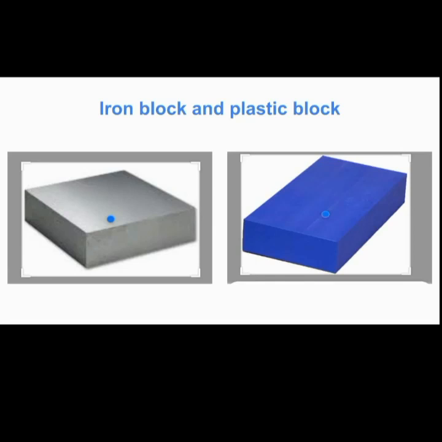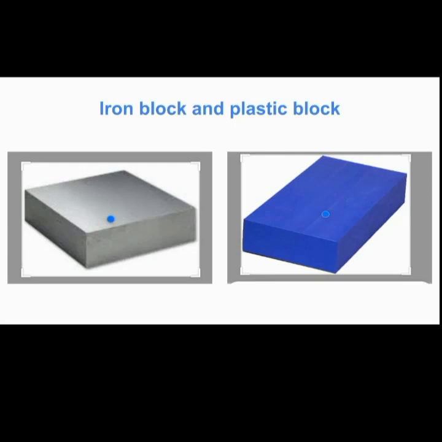As it is having more mass, it will be having more density than plastic. So when the mass increases, the density is increasing. Okay, so the more dense things will be sinking in water. When it is less dense, it will be floating on water. The density should be less than water, then only it will be floating on water.